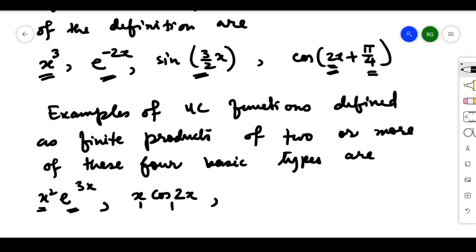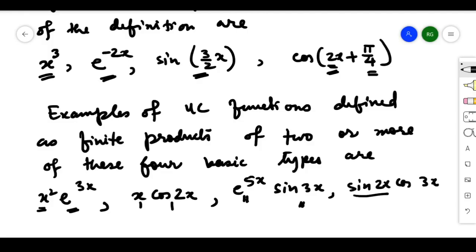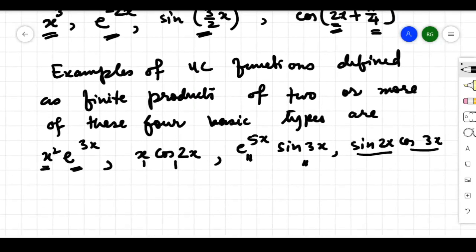Then e to the power 5x sin 3x. It is of type 2 and it is of type 3. The finite product we are considering. Sin 2x cos 3x. So sin 2x is of type 3 and cos 3x is of type 4. So it is the finite product of type 3 and type 4.